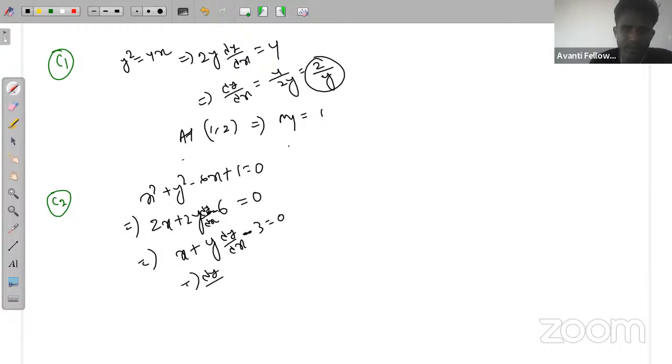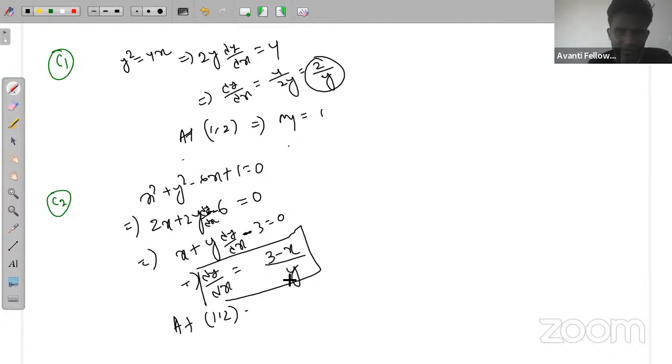That implies, what will dy by dx be? This will be (3 minus x) divided by y. Okay. Now at the point (1,2), if we put x is equal to 1 and y is equal to 2, we will end up with the slope m2 that is equal to 1.